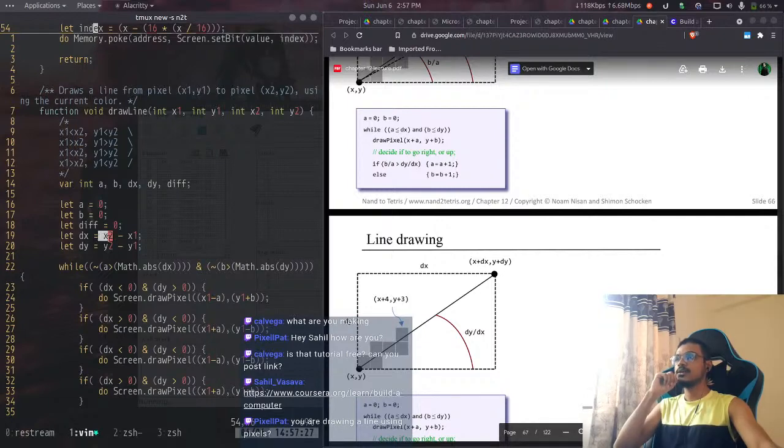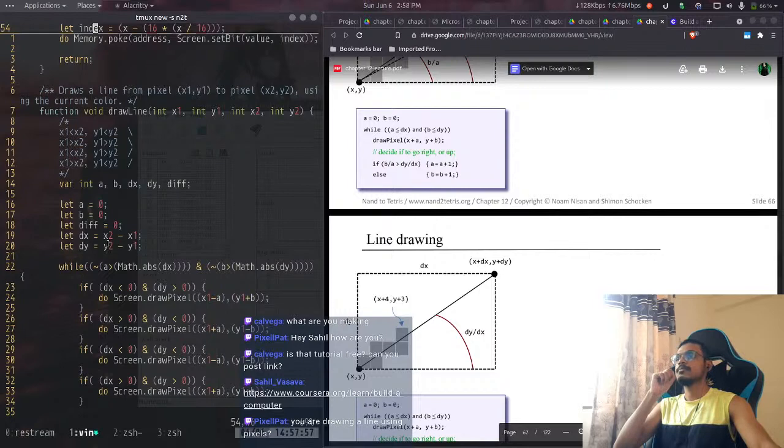But if I get a difference like this, x2 minus x1, y2 minus y1, dx and dy will be negative as well, depending on where this second point is.